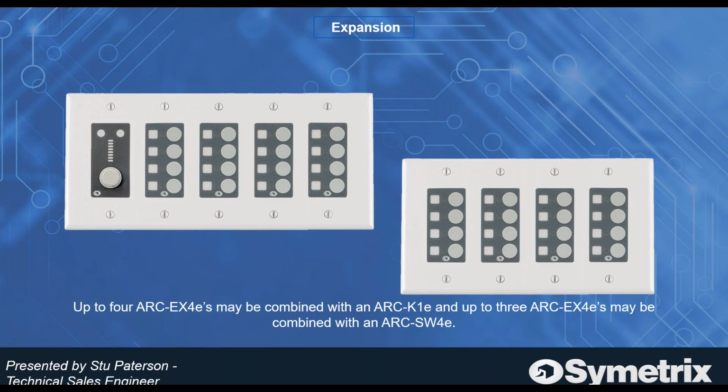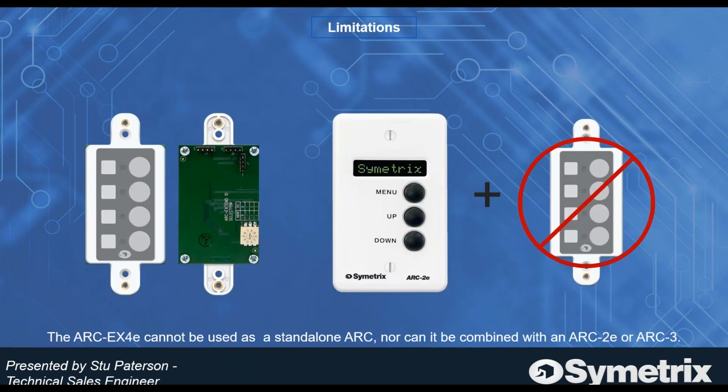With the ARC SW4E, you can only add up to 3. So a total of 4 button devices in each configuration. As such, you cannot utilize the EX4E with either an ARC2E or an ARC3.